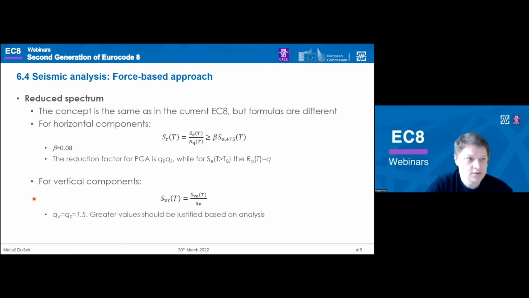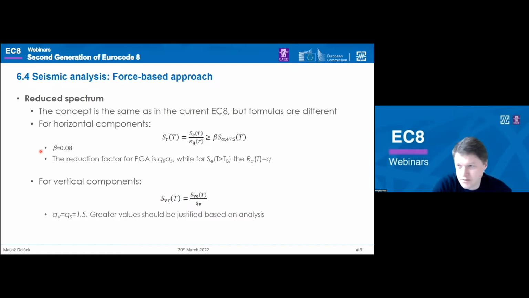Okay, also Professor Labbé introduced the reduced spectrum. I will go very briefly through this part. The concept is the same as in the current code. The formulas are different. So for the horizontal component, the reduced spectrum is the elastic spectrum divided by the reduction factor. And we still have a limit that the spectral acceleration should not be less than this value: beta times the S alpha corresponding to 475 years, which is basically the same as in the current code.